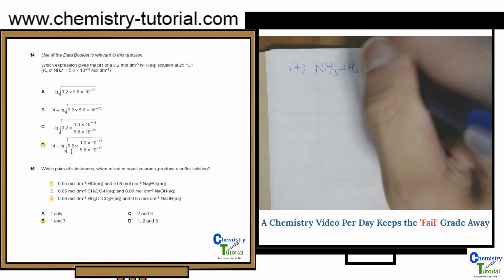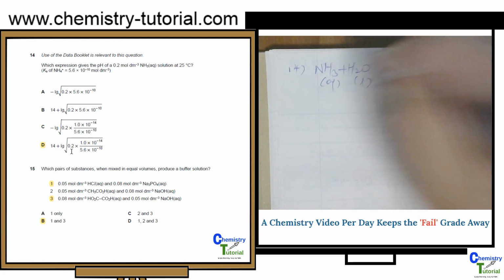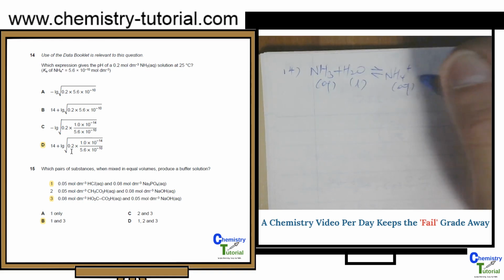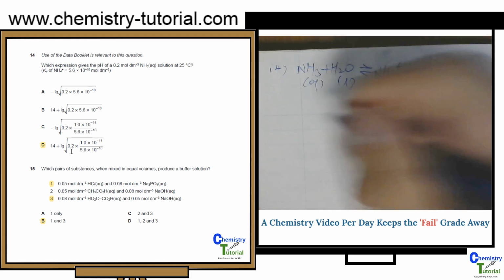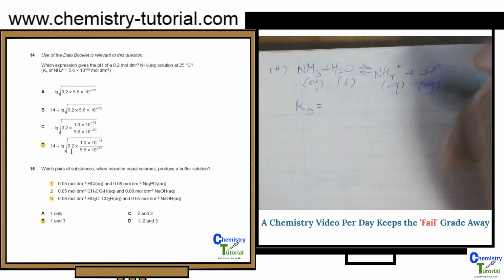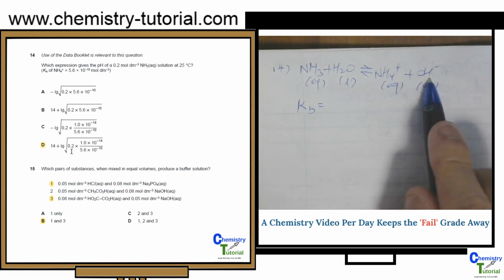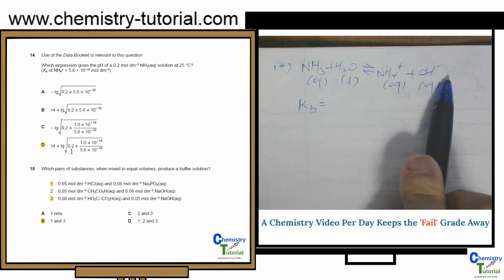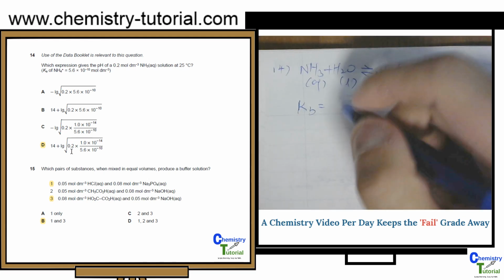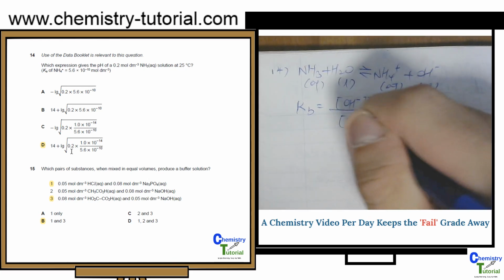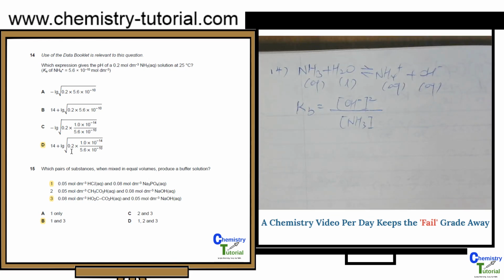NH3 plus water, liquid, equilibrium to produce NH4+ aqueous plus OH- aqueous. So what we have is a Kb. Kb is NH4+ multiplied by OH- over NH3. But because the concentration of NH4+ equals the concentration of OH-, using a mathematical technique, essentially this is just the concentration of OH- squared over the concentration of NH3.